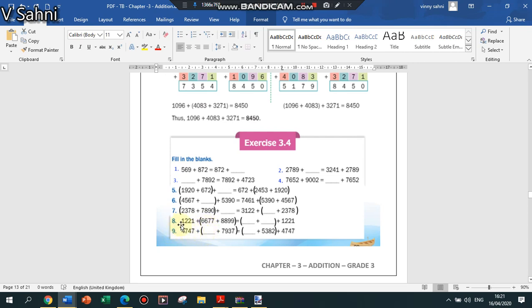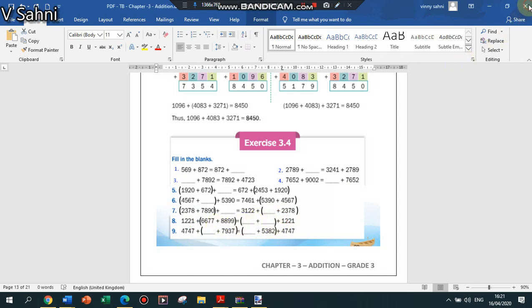Here 1221 plus this is equal to dash plus 1221. Again I'll give you some hints. 1221 is already written here, so 1221 is cancelled. These two numbers are given, so simply write these two numbers here. That's all.